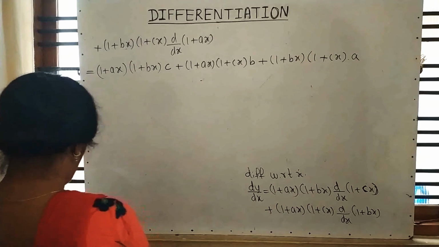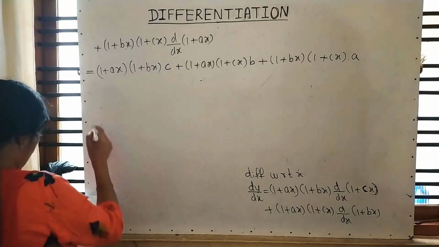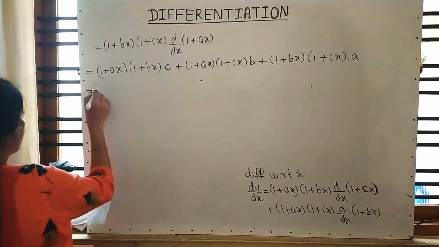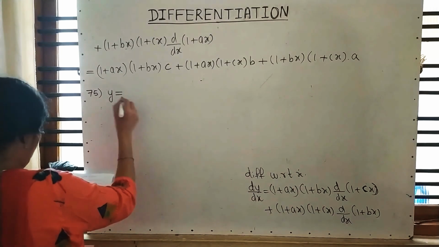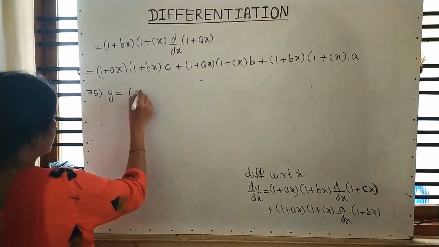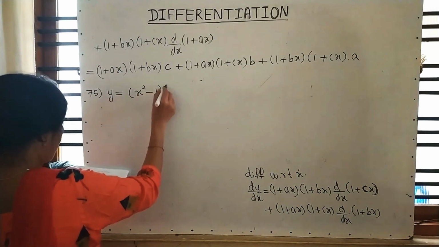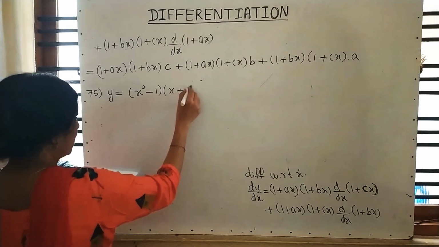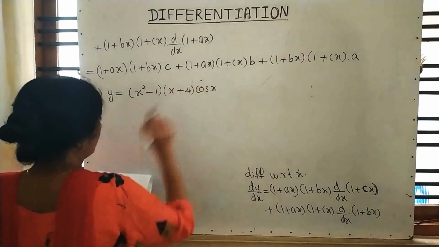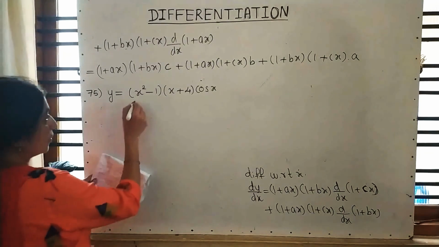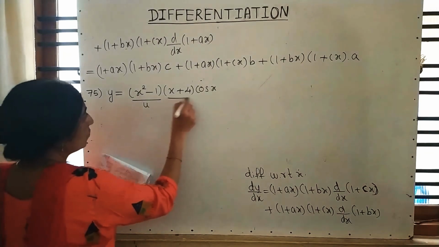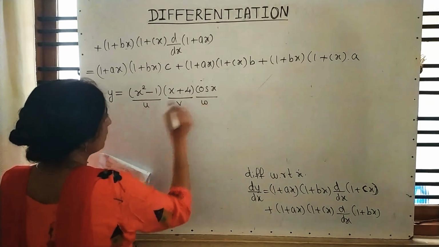Next, question number 75. Y is equal to x square minus 1, x plus 4, cos x. So which formula is applicable here, students? This is u, this is v, this is w.